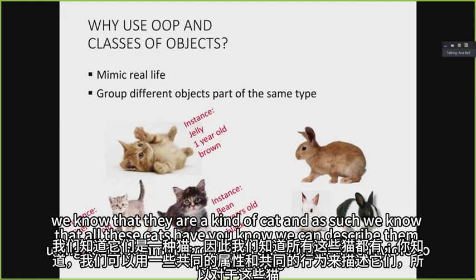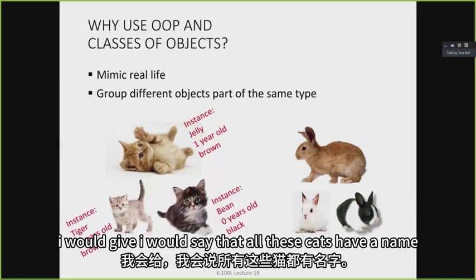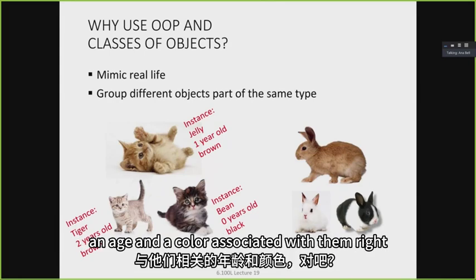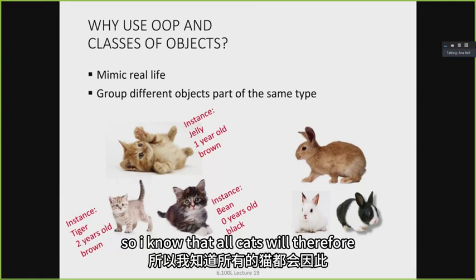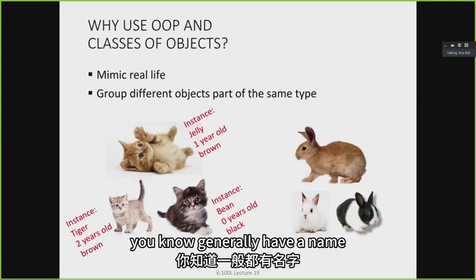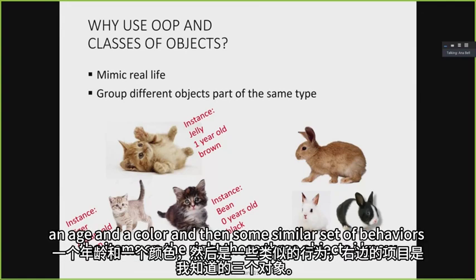We know that they are a kind of cat. And as such, we can describe them using some common properties and common behaviors. So for these cats, I would say that all these cats have a name, an age, and a color associated with them. So I know that all cats will generally have a name, an age, and a color, and then some similar set of behaviors.